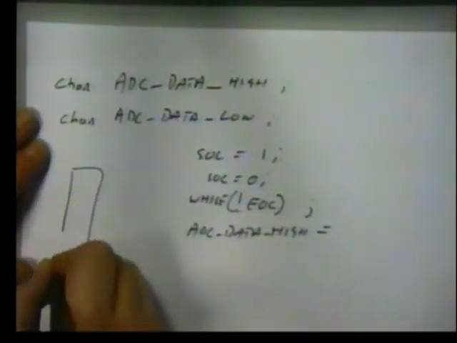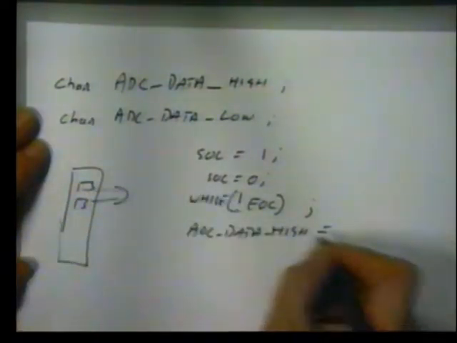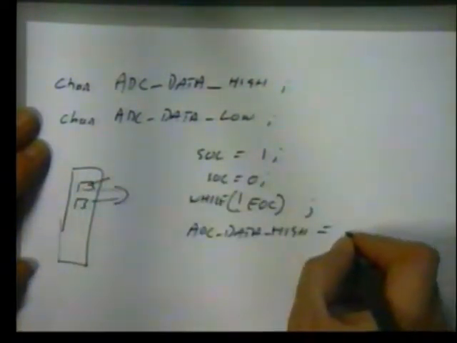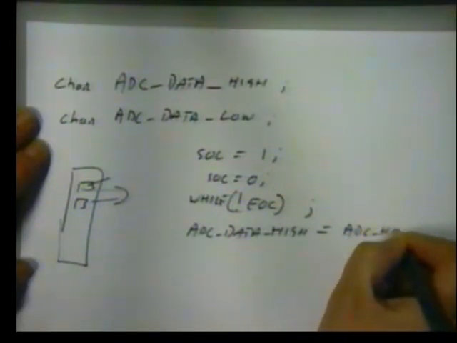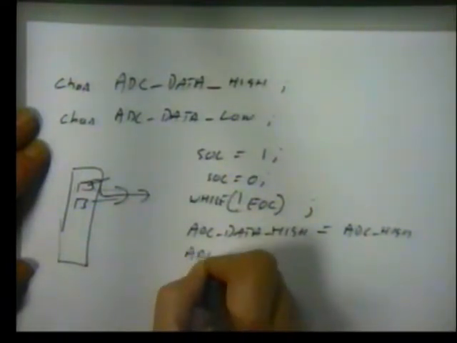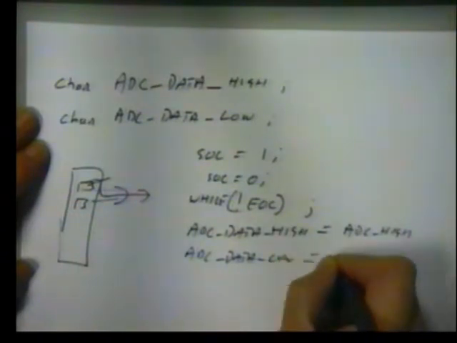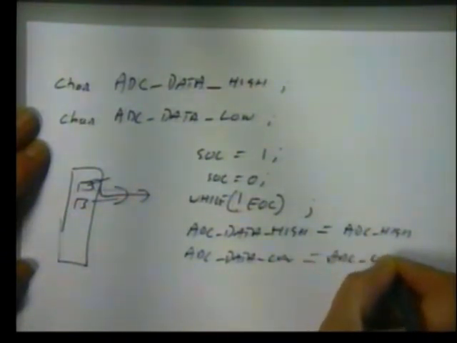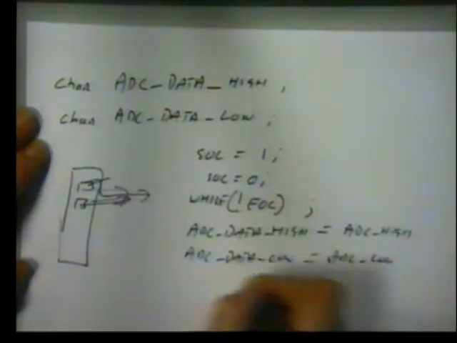Remember, the ADC is sitting externally on the data bus. Its registers will be memory mapped, so there will be some address there, let's say ADC high address, so that will read that memory in, and then we say ADC data low equals ADC low, so we get the lower part of the data into our memory, and now we can process the data.